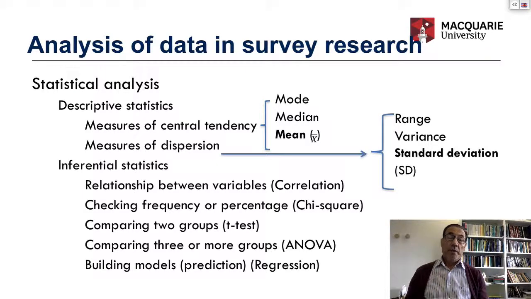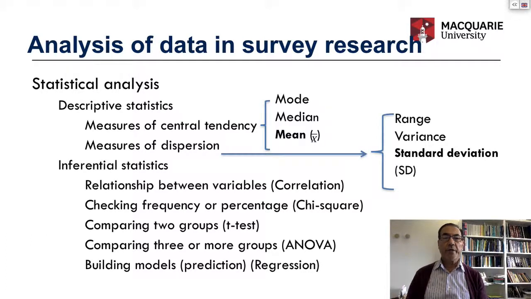One of the strong strengths of survey study is that it's possible to build models, and this model building could be done through regression analysis, and a more sophisticated statistical procedure called structural equation modeling.